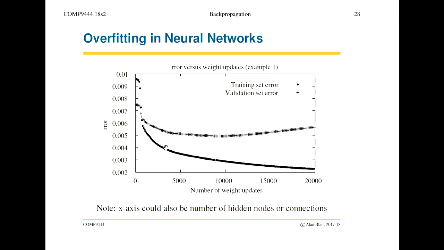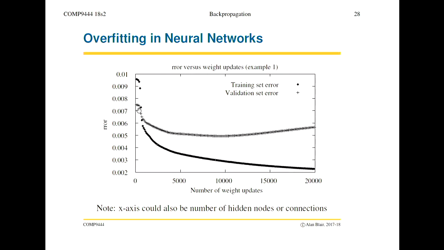We would get the same kind of picture here. So what happens is, as you increase the number of hidden nodes, remember we often have a training set and a test set. The training error will always go down as you increase the number of hidden nodes.